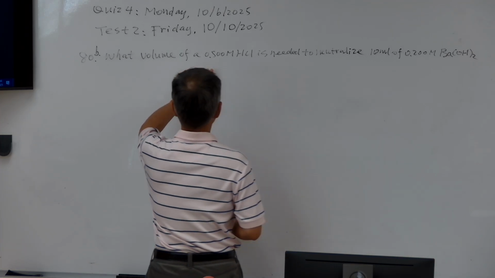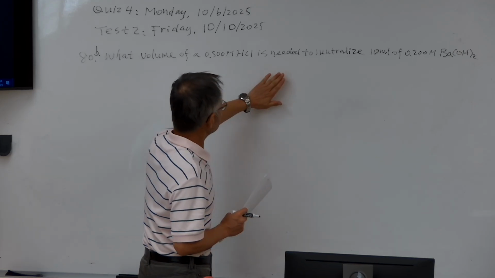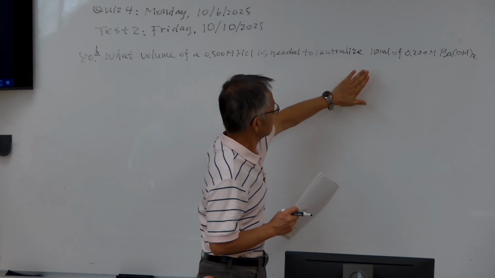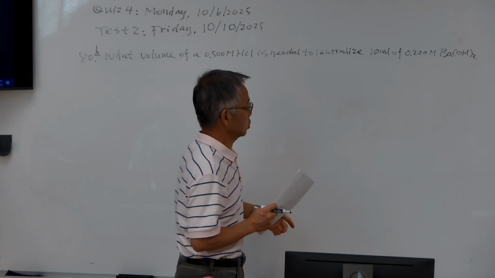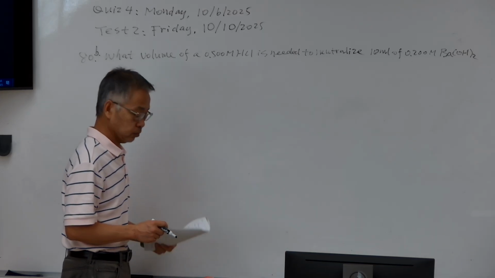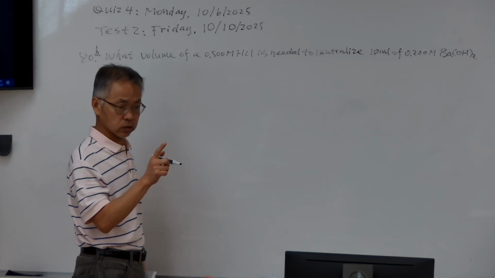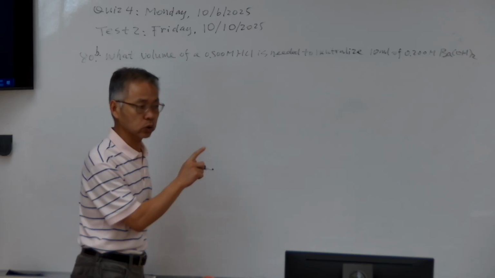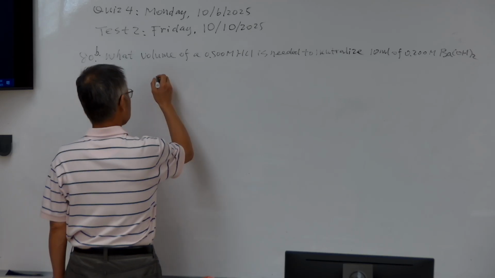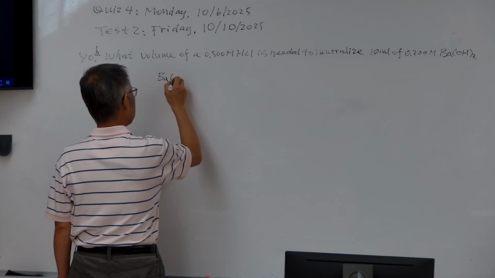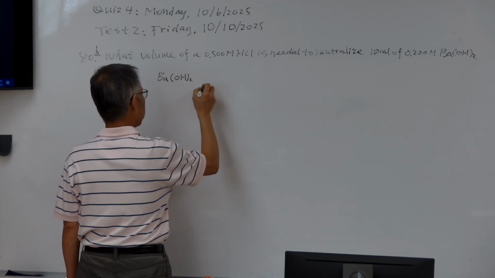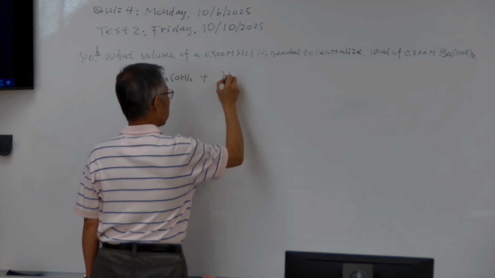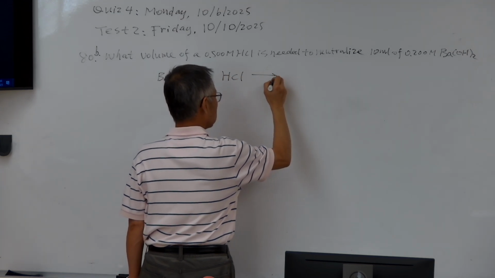I'll see what volume of 0.5 molar HCl is needed to neutralize 10 milliliter of 0.2 molar Ba(OH)2. So first thing, always write a balanced equation between these two solutions, right? Ba(OH)2 is a base. React with HCl.